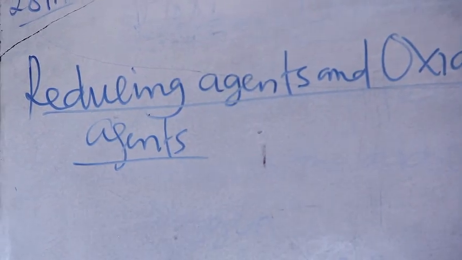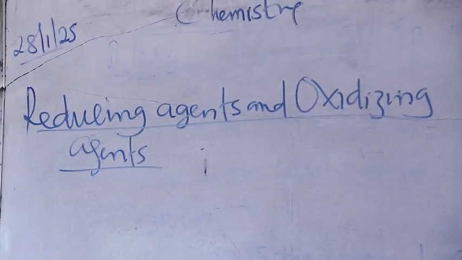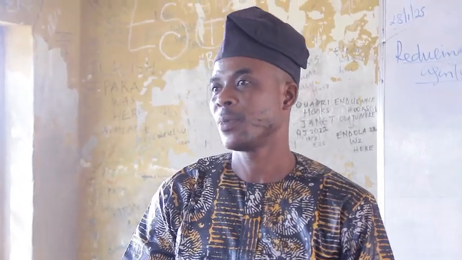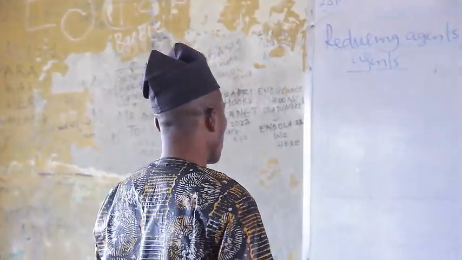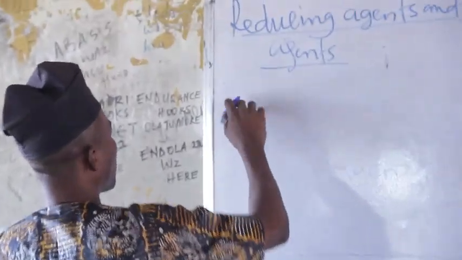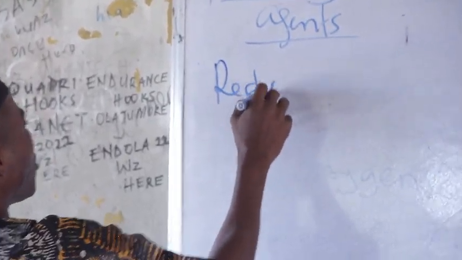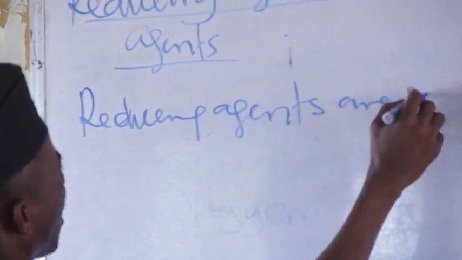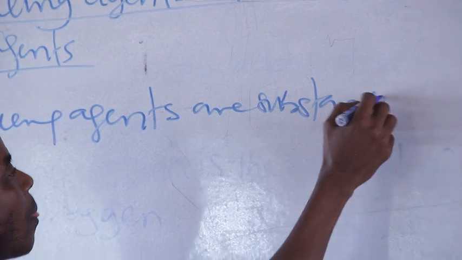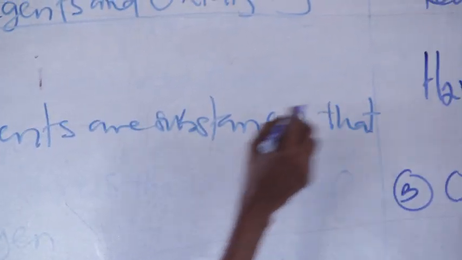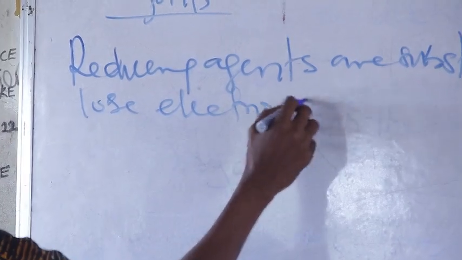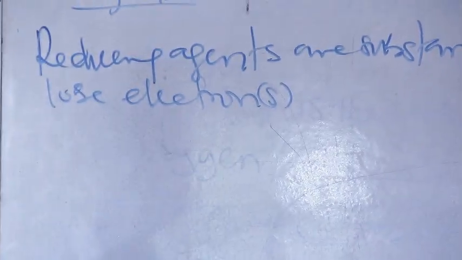A substance that loses electron is referred to as a reducing agent. Reducing agents are substances that lose electron or electrons.